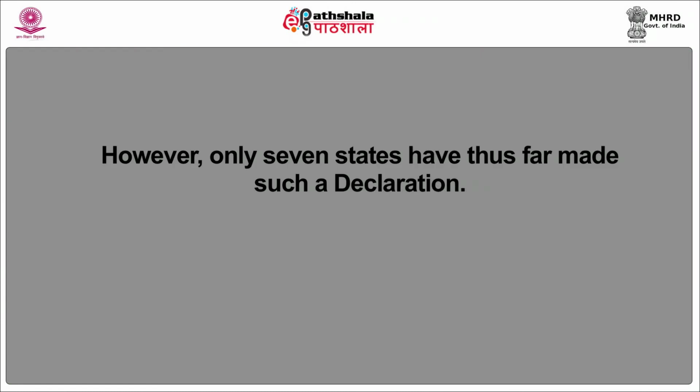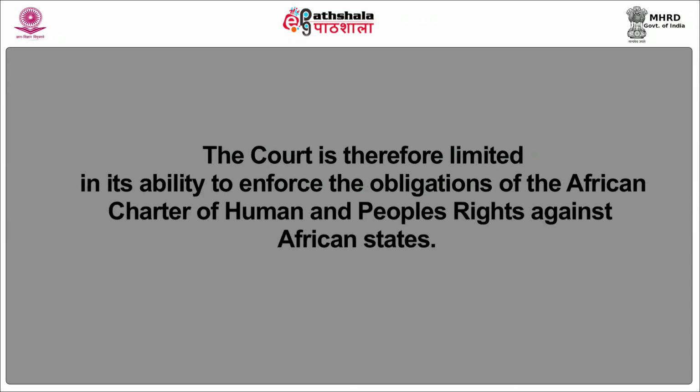Individuals from states that have made a declaration accepting the jurisdiction of the court can also file cases before the court. However, only 7 states have thus far made such a declaration. The court is therefore limited in its ability to enforce the obligations of the African Charter of Human and People's Rights against the African states.